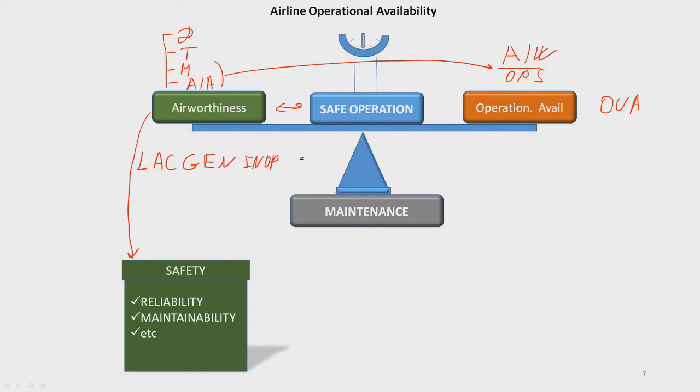So what is maintenance actually doing? Maintenance opens all these manuals, starting from the fault isolation manual, the minimum equipment list, we had a quick discussion about MEL, etc. And maintenance, based on available information and this manual, tries to assess safety.